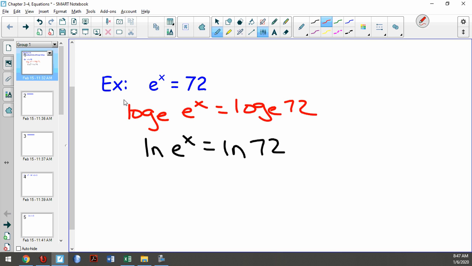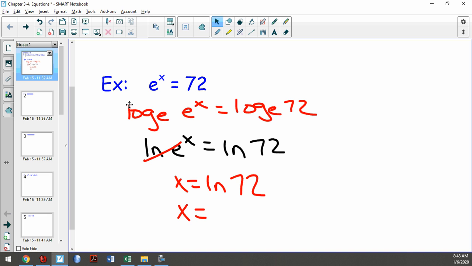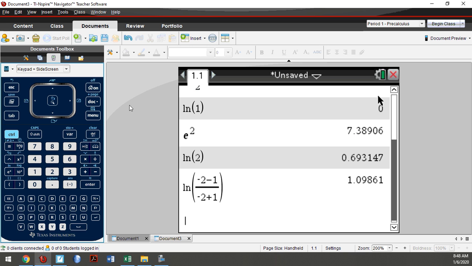What happens to the natural log of e? They do cancel. So these cancel out. I have x is equal to the natural log of 72. Yes? Now, if I go over to my calculator, and I type that in, I have the natural log of 72.